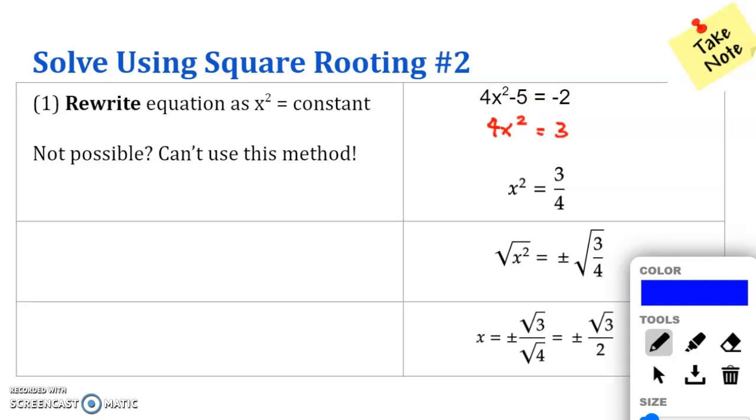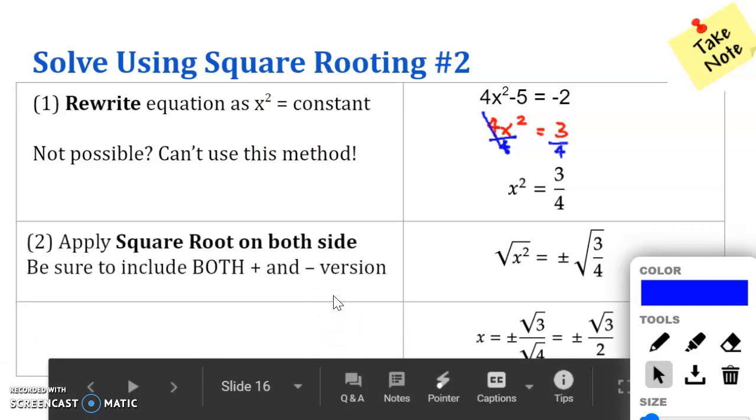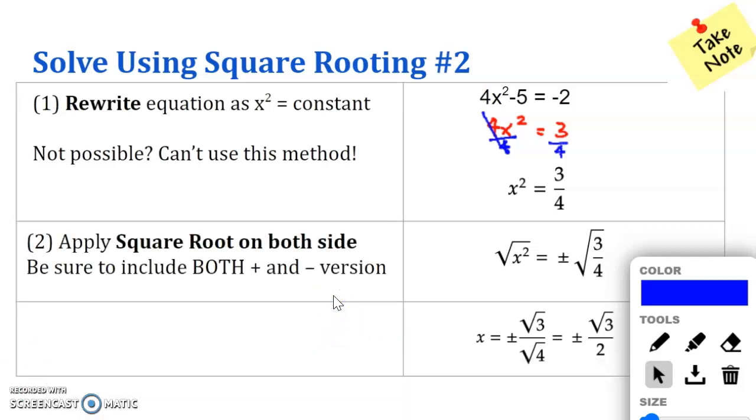Then from here, I need to get rid of 4 by dividing both sides by 4. And that leaves me with x squared is 3 over 4. Then we apply the square root of both sides. Make sure to include plus and minus sign.